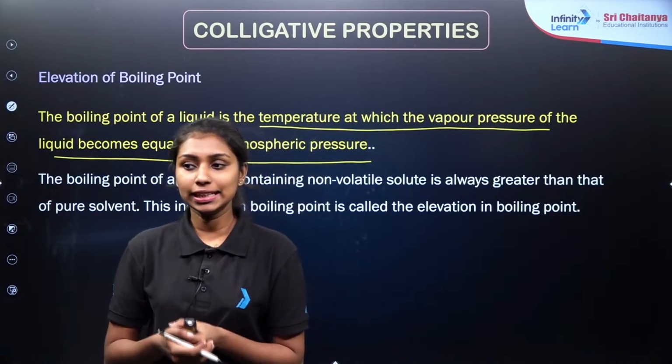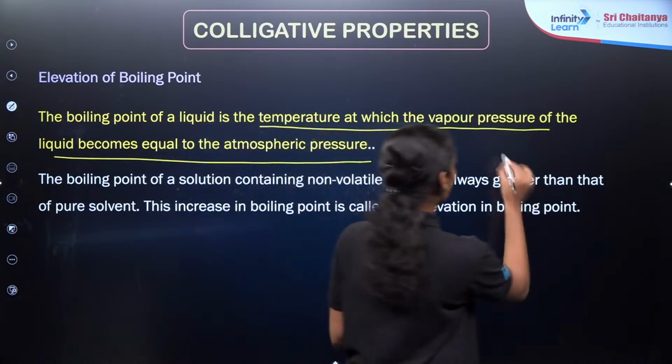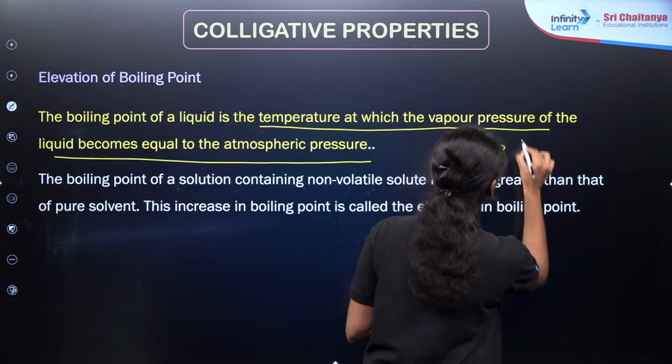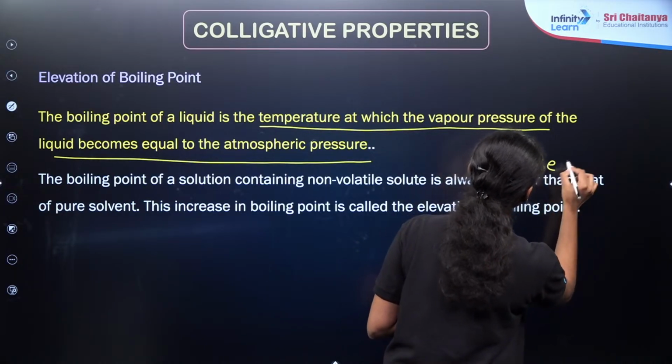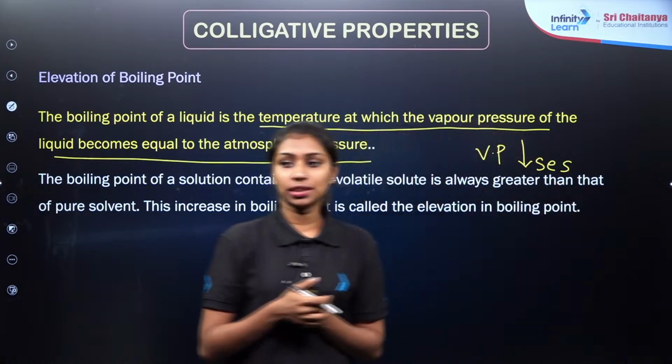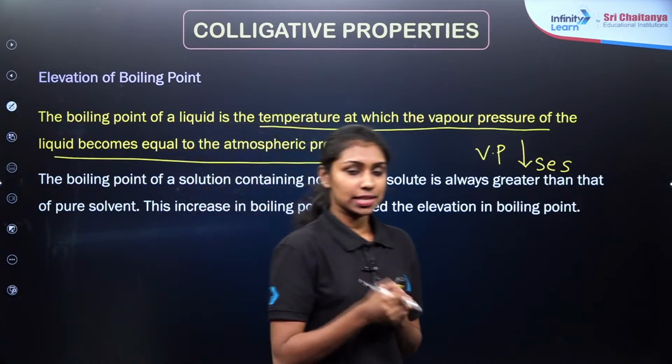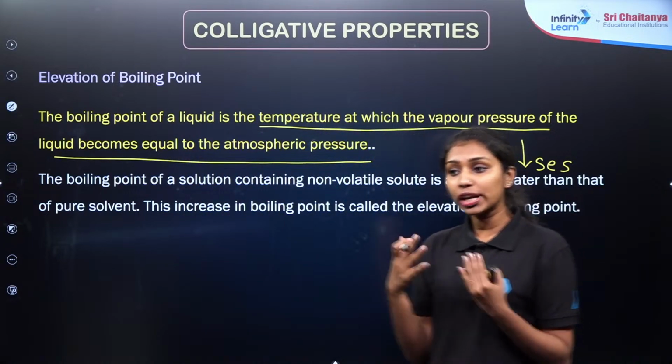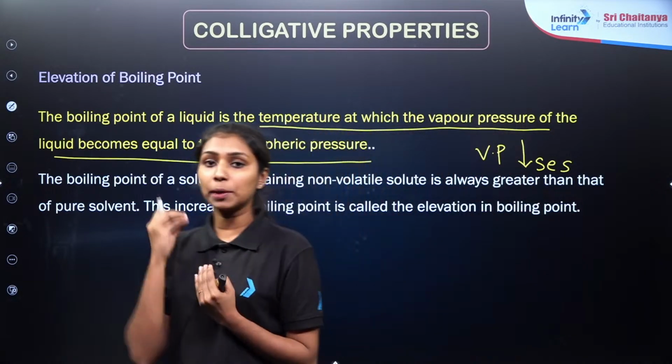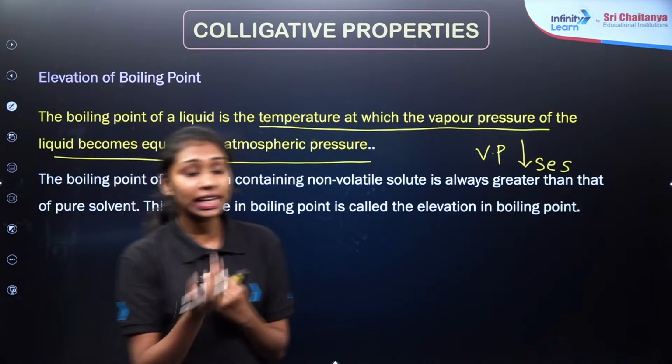It decreases, right? Vapor pressure always decreases when a non-volatile solute is added to the solution. So obviously, what will happen to the boiling point? If the vapor pressure is very low, we need more energy, more heat, to boil the particular solution, right? So the boiling point increases.